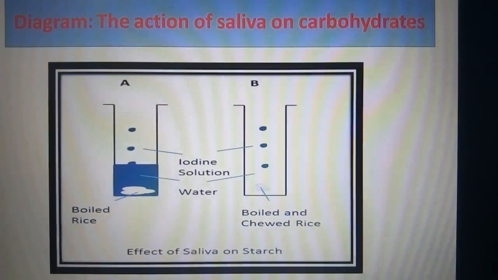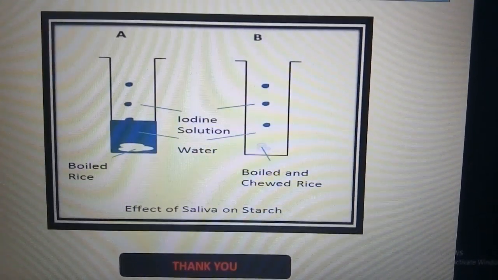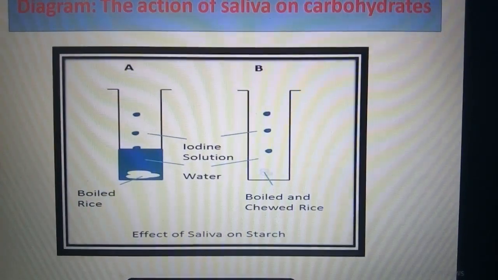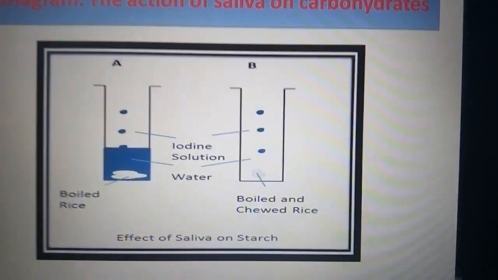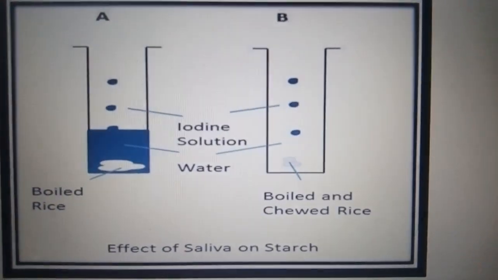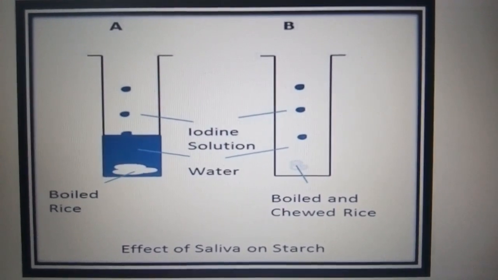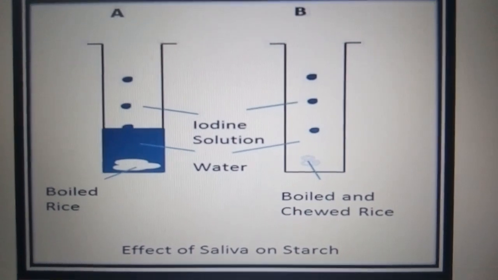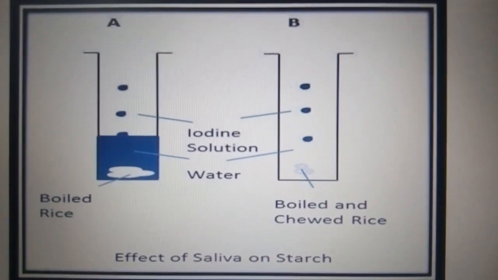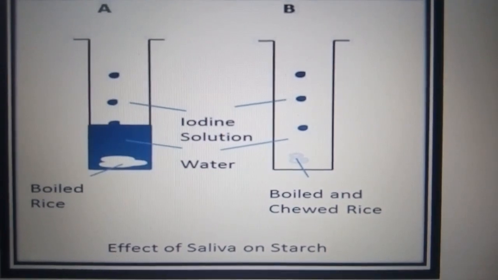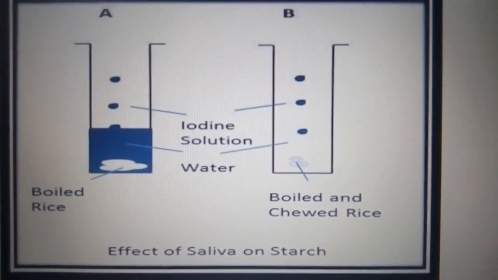In both the cases iodine solution is added, and you can see in A that boiled rice has changed into blue-black in color, showing the presence of starch, whereas in B you can see there is no change in color because the carbohydrate has changed into sugar. So there is no presence of starch, and therefore there is no change in color.